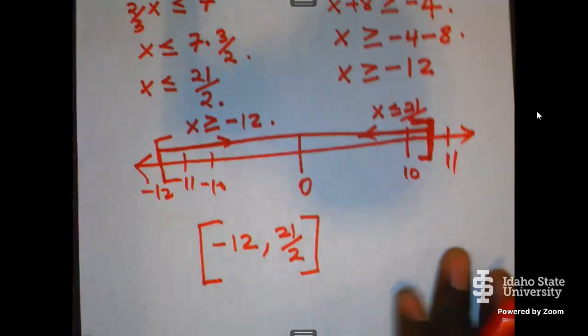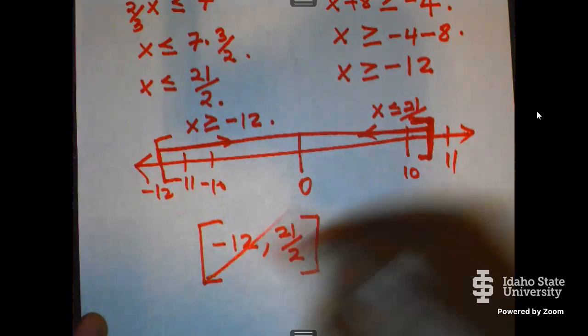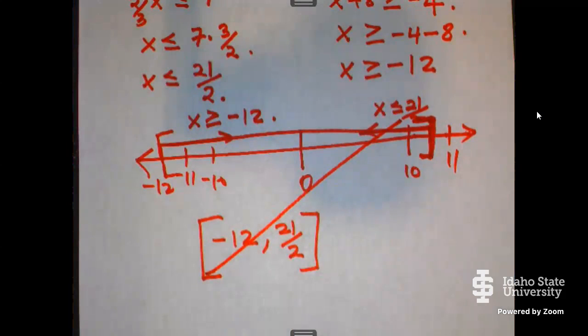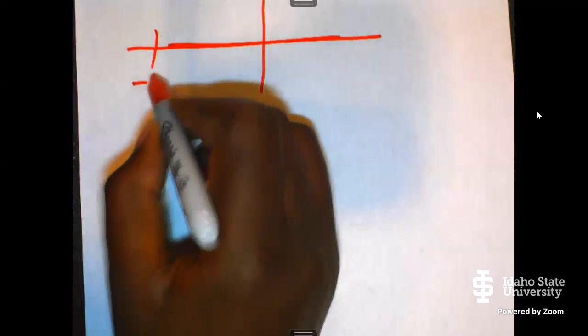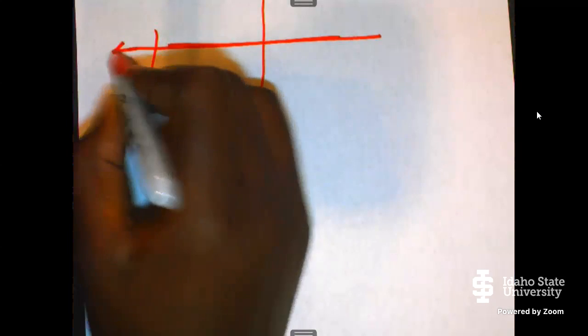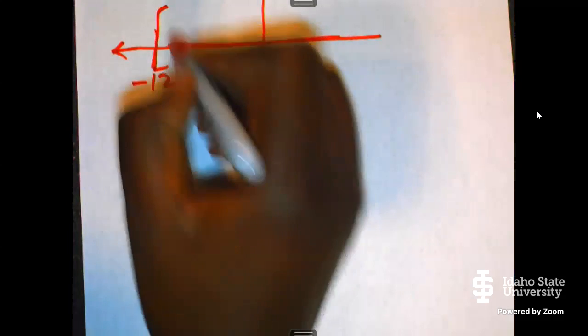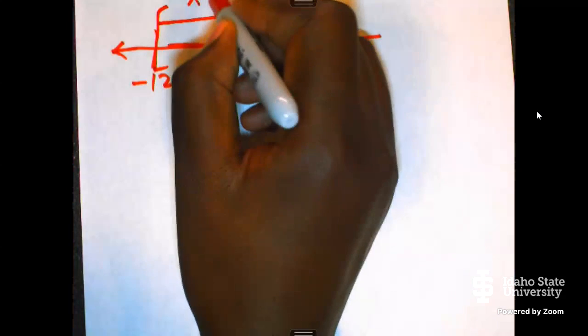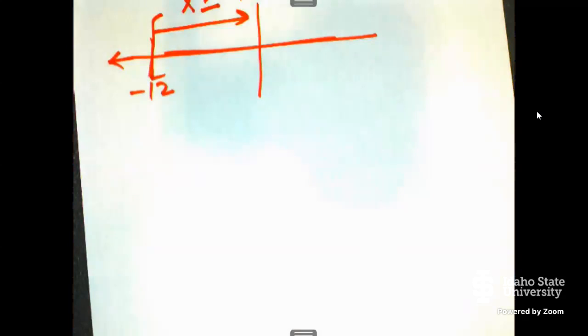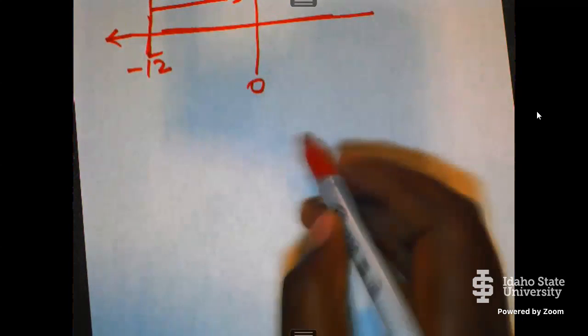Okay, so let me. This was a shortcut. So this one was minus 12, right? And then it was coming this way. So this is x greater than or equal to minus 12, right? Then the other one, so this is 0.